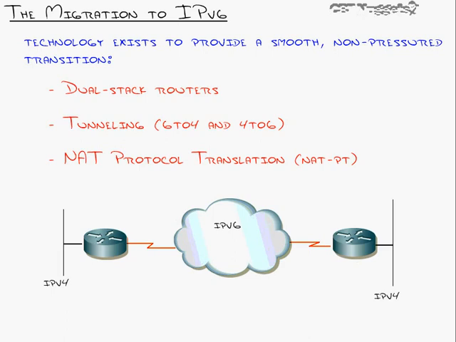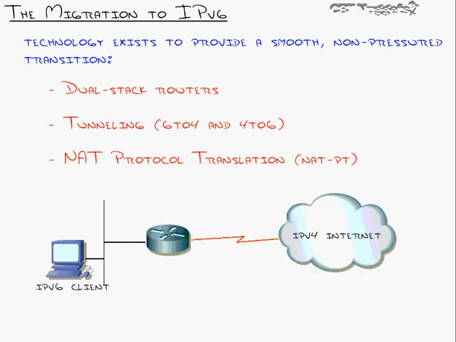Last but not least is NATPT. NATPT stands for NAT Protocol Translation. This is a specially tweaked version of NAT that can go between version 4 and version 6 protocols. So if I'm running IP version 6 on my internal network and connecting to the version 4 internet, I can NAT between those two and allow my version 6 clients to surf the web.